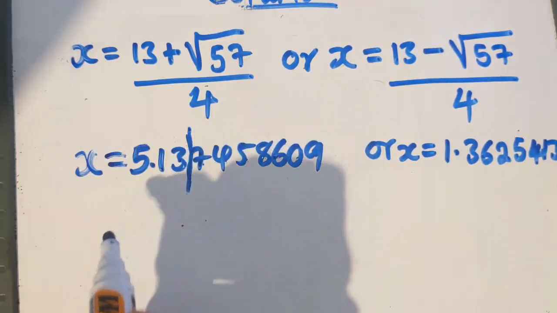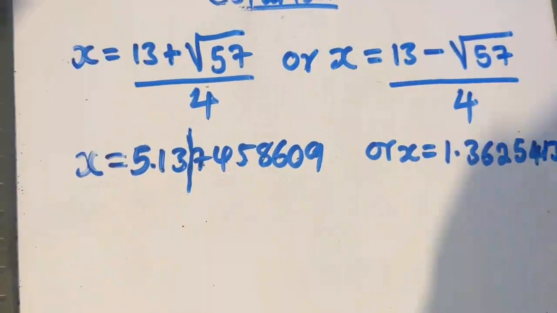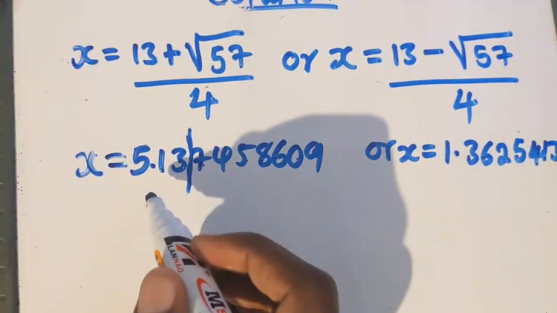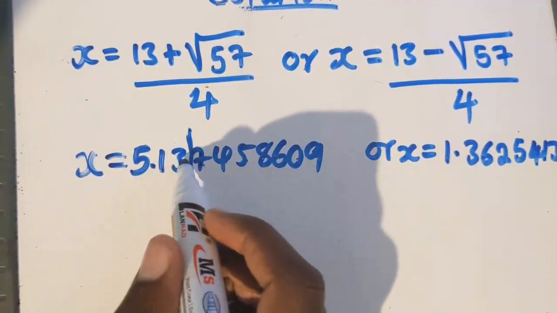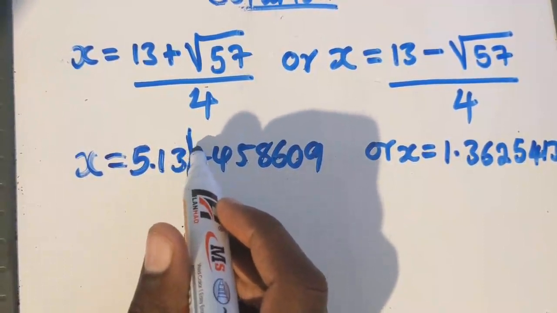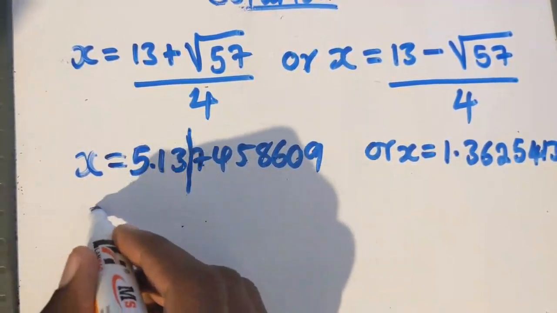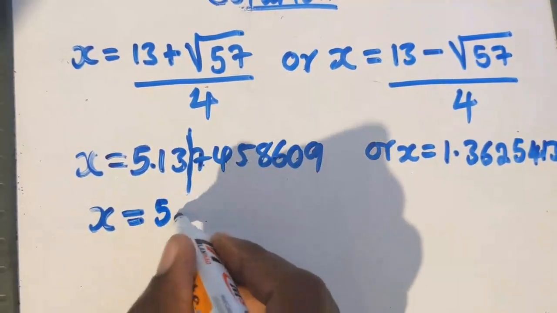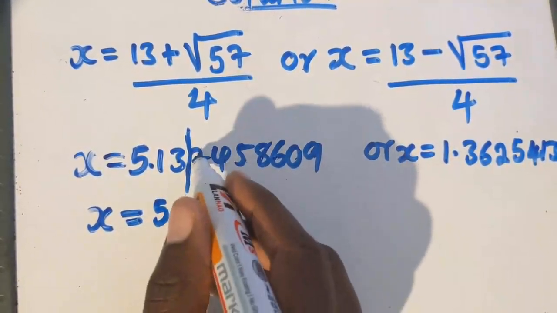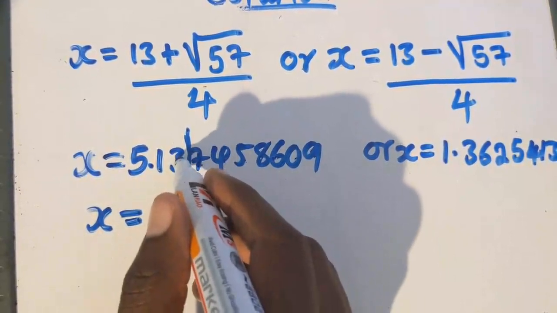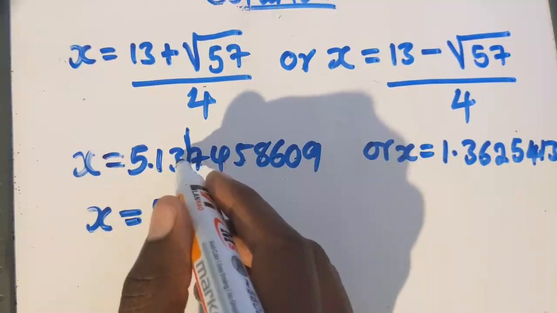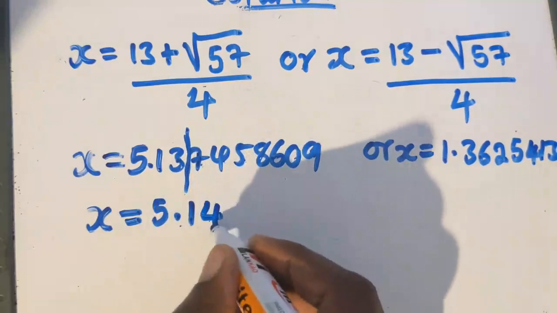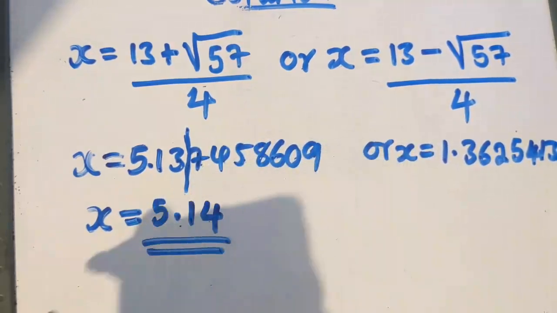So the answer will be x is equal to 5.1, then when you get the 1, you add to this one. This is 3. When you add 1 to 3, it becomes 4. So this is your first answer.